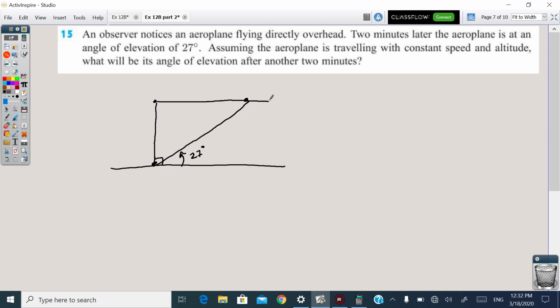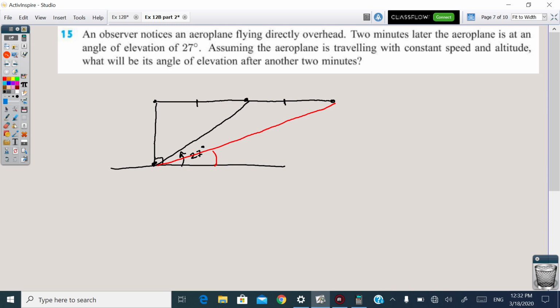So we want to find this angle. Now if the plane is traveling at constant speed, it will travel this distance in 2 minutes, and in another 2 minutes it will travel an equal distance. So it seems that we have little information.